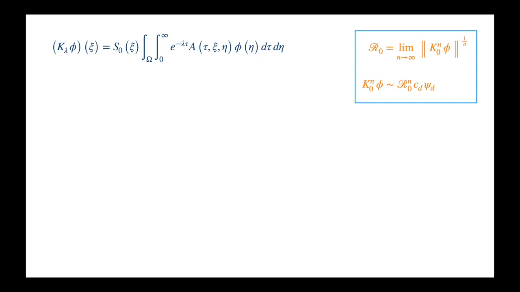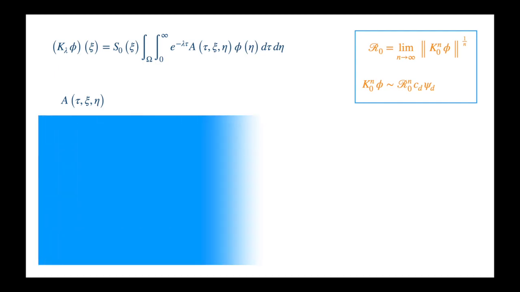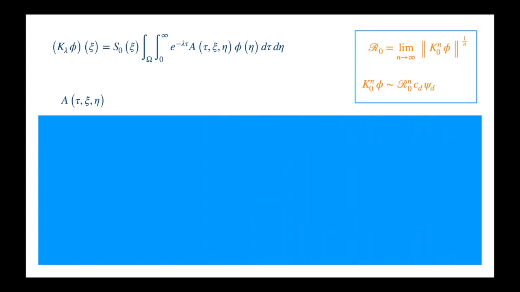So previously we defined A as the infectivity towards the susceptible of type Xi of an infective who got infected tau times ago when it had trait eta. For the discrete version, one replaces continuous trait variables with indices. So the discrete version can be written as follows. i and j represent the traits of the individuals.